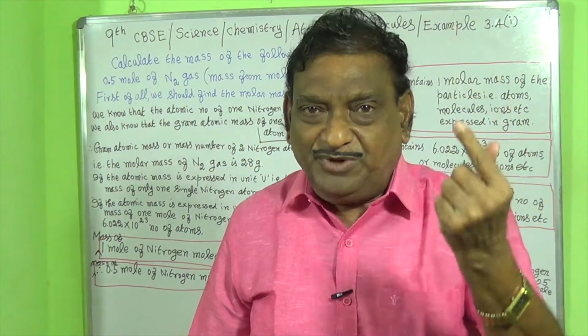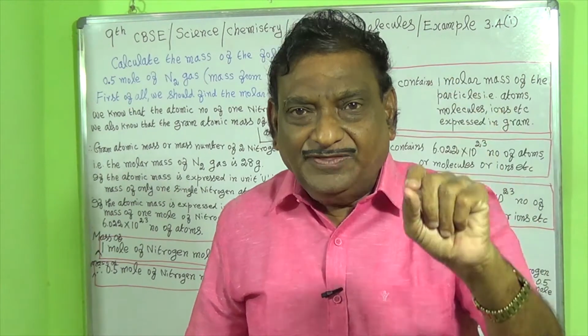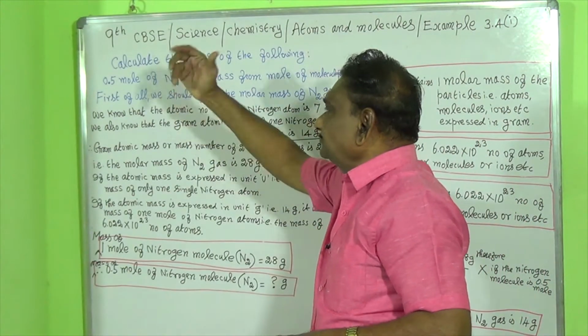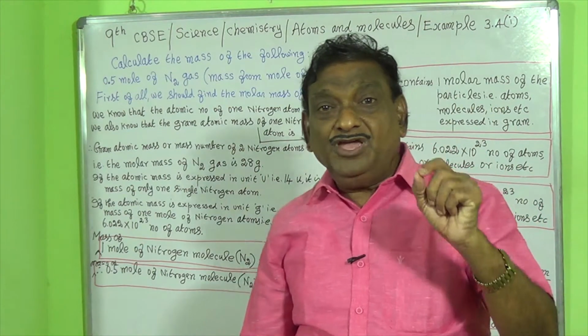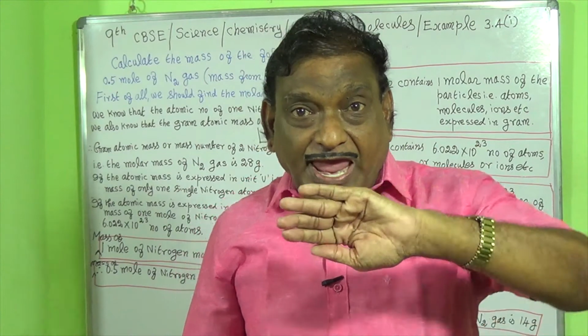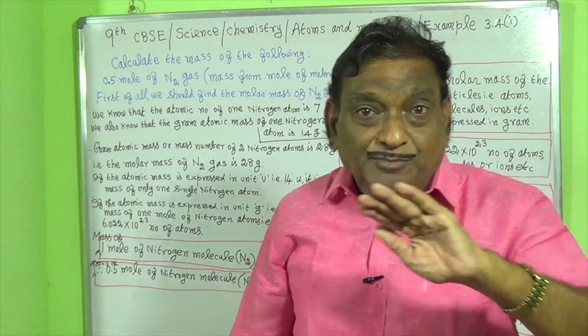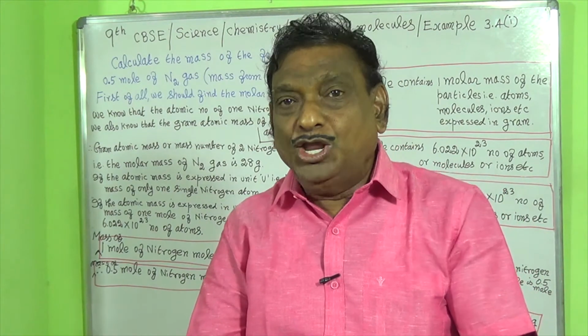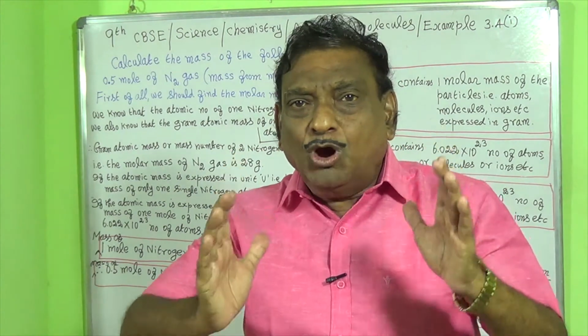From that information, we can find the mass of the 0.5 mole. How can we find the molar mass? If we add the atomic mass of all the atoms present in a molecule, we will get the molar mass.